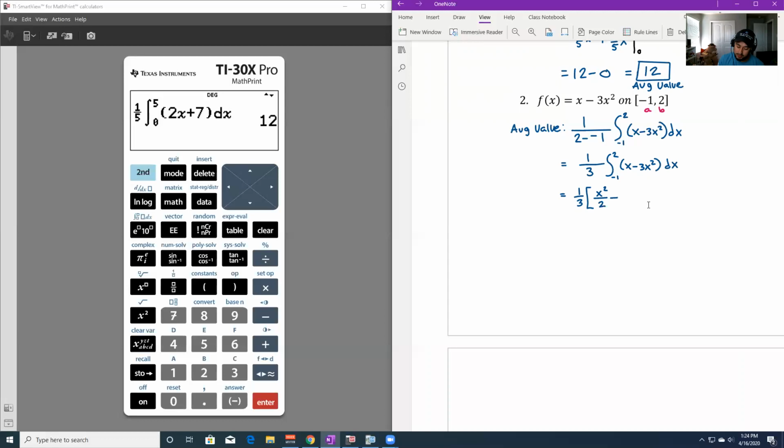Minus, now we want the antiderivative of 3x squared. The 3 will wait outside, and you will power rule x squared, which becomes x cubed over 3. And we are evaluating this from -1 to 2.